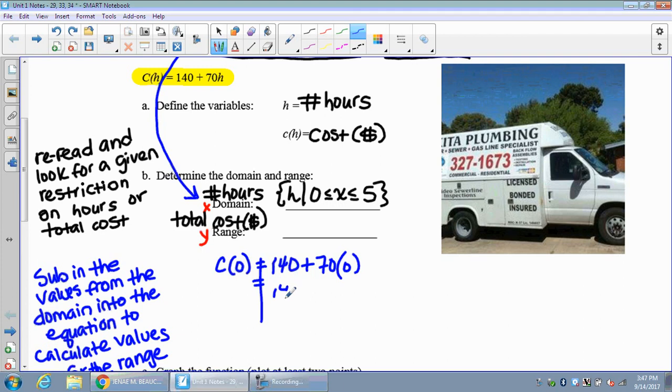That's going to be 140 plus 70 times 0 is 0. So then we have 140 plus 0 is 140. So this means he hasn't actually done any work yet. And as soon as he, the plumber, Kenny, walks in the door, your bill is $140 as an initial fee or initial cost.